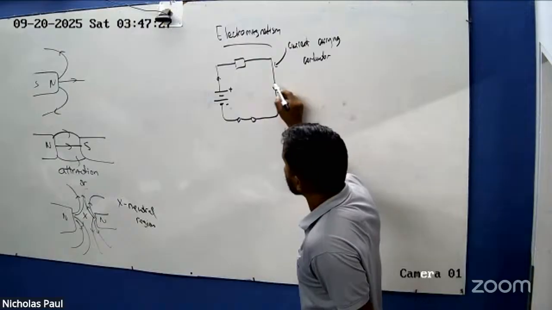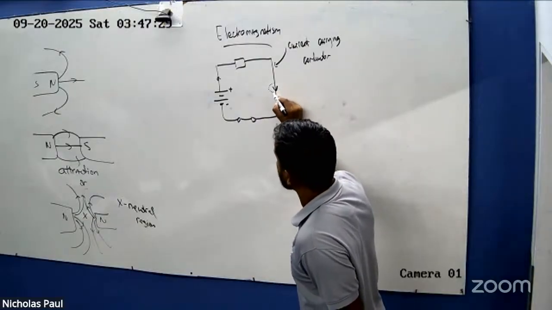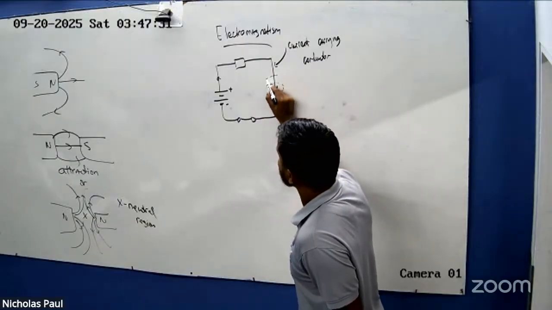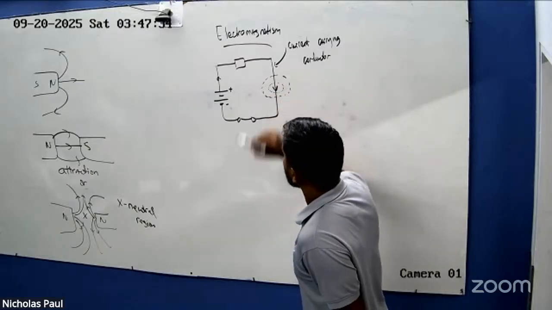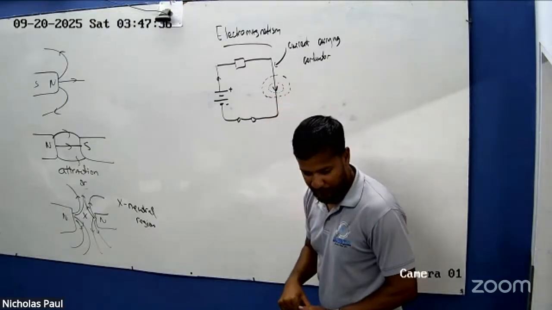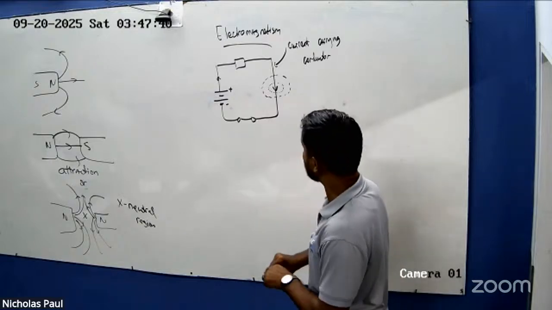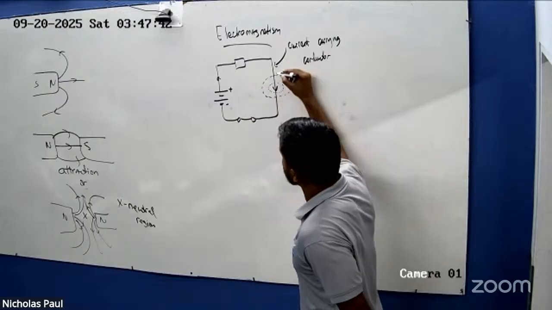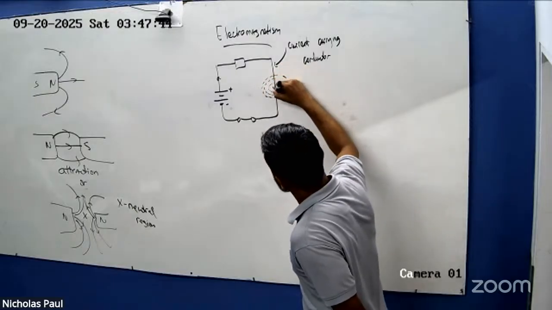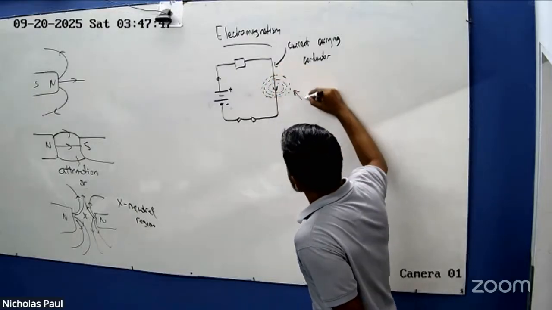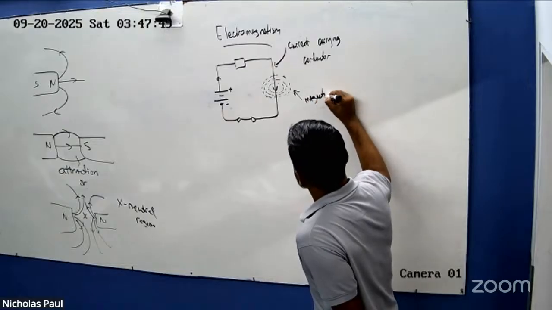So around this, there are some circles, and the magnetic fields look something like that. Anyway, just imagine around it you have some little circles, right? These circles here are your magnetic fields.